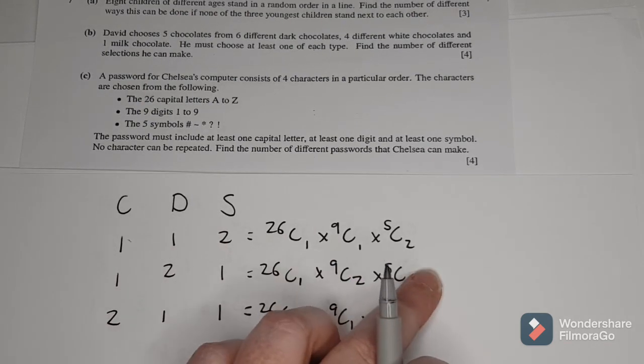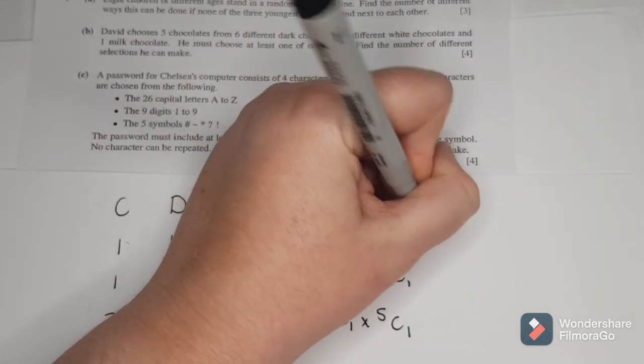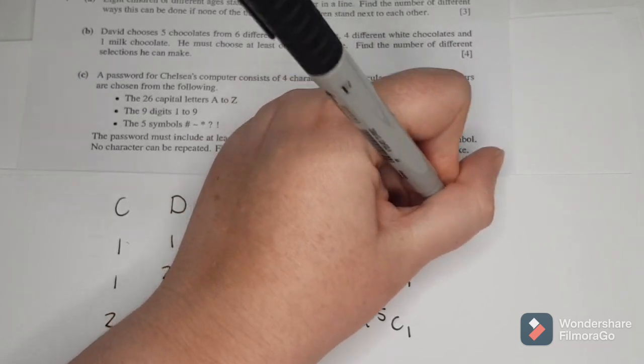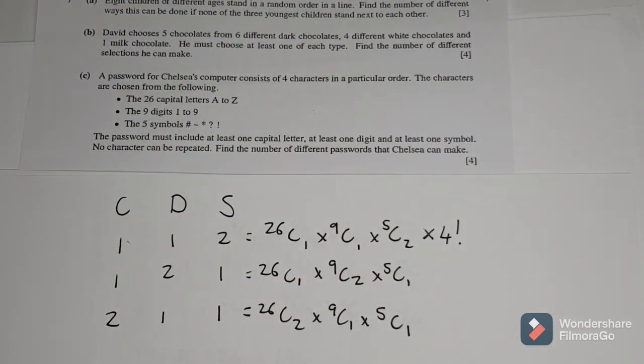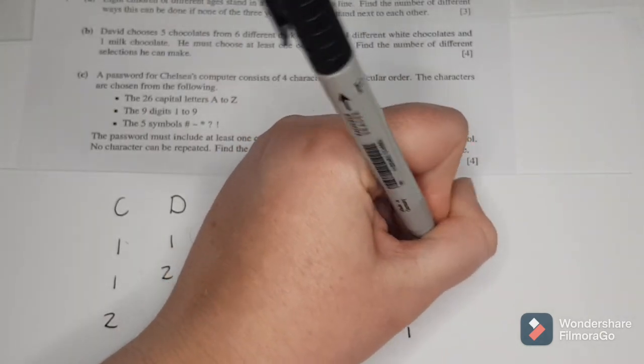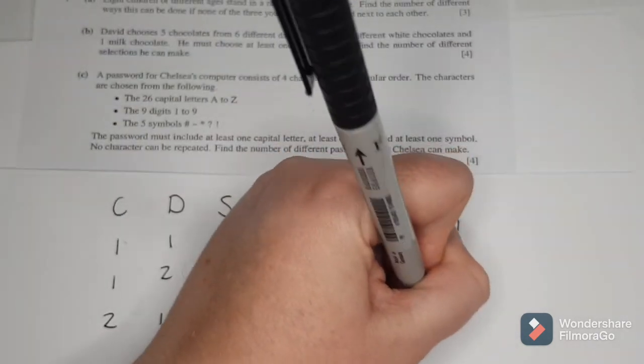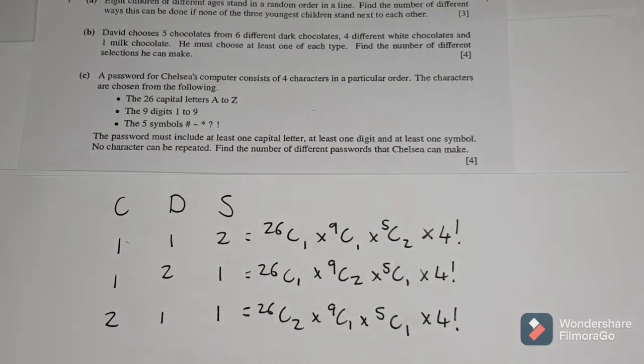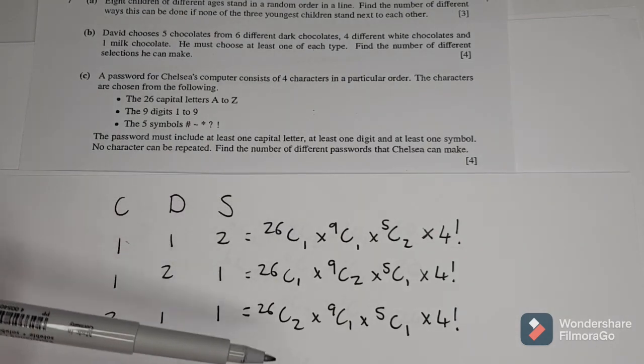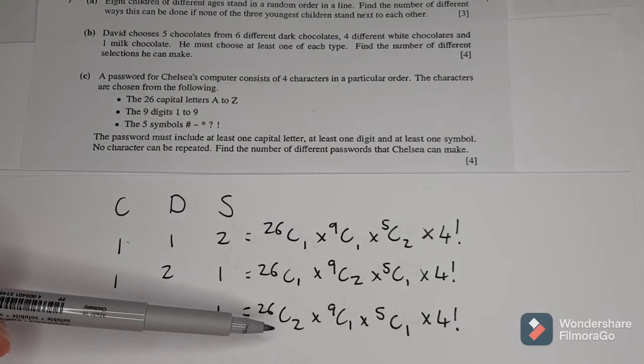So for each of these, we need to times it by 4 factorial for the placement of the capital letters, the digits, and the symbols. So we're going to times that by 4 factorial, times that by 4 factorial, and times that by 4 factorial, because remember, each of these is our different options that we're going to have.